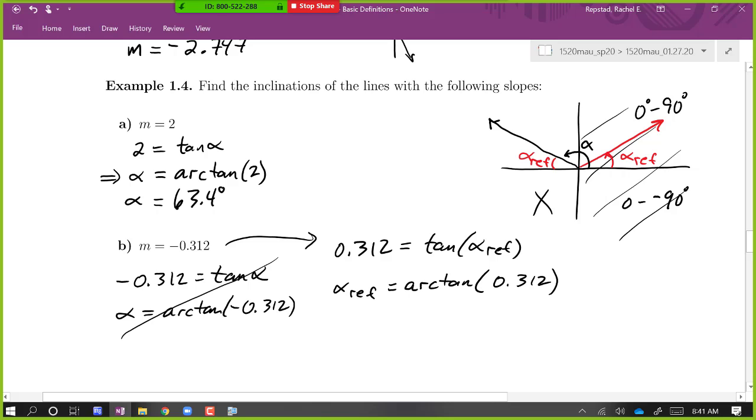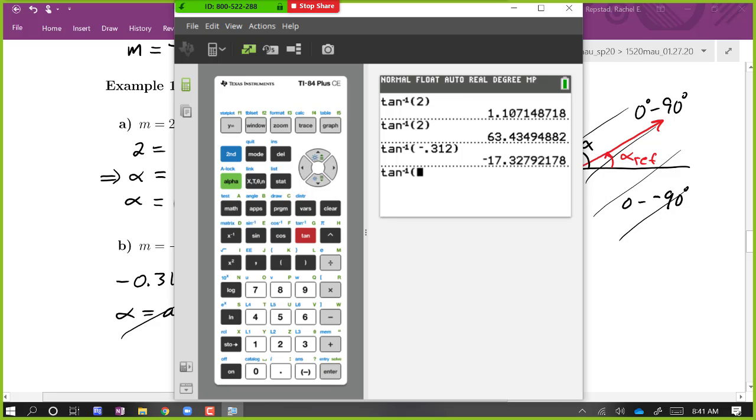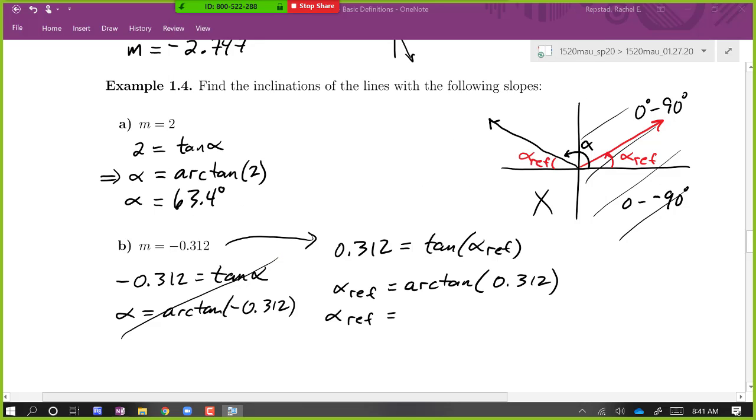This is going to give me a positive acute angle of positive 17.3 degrees.